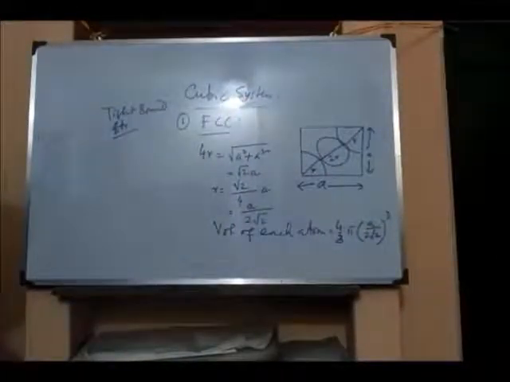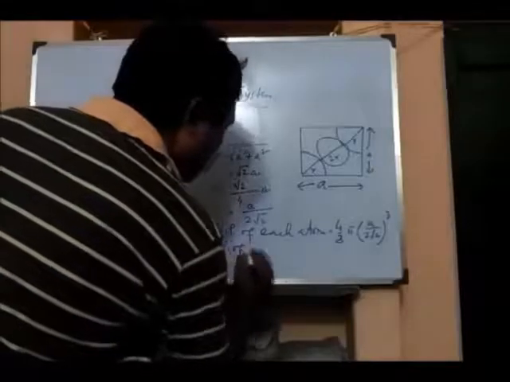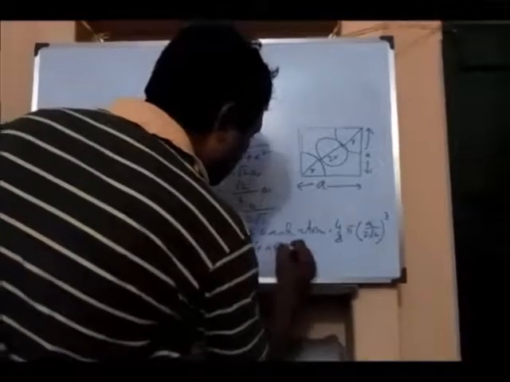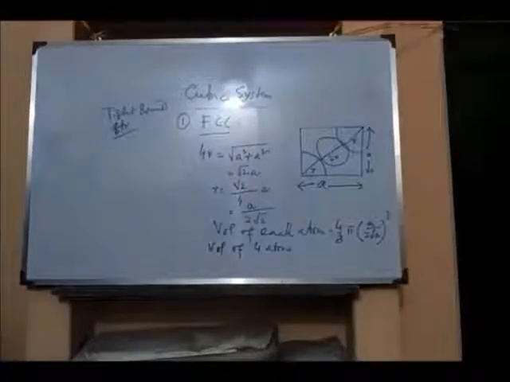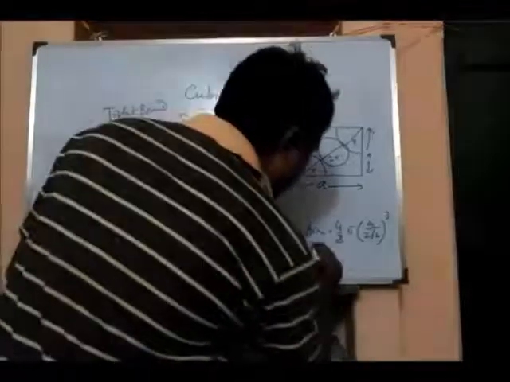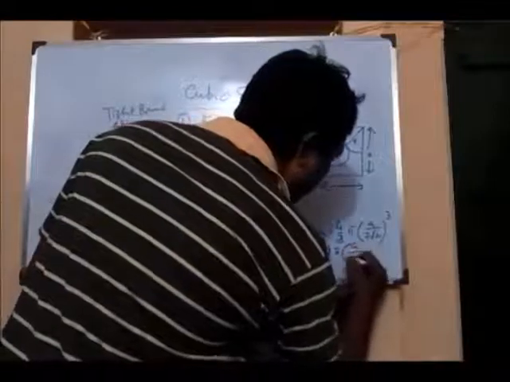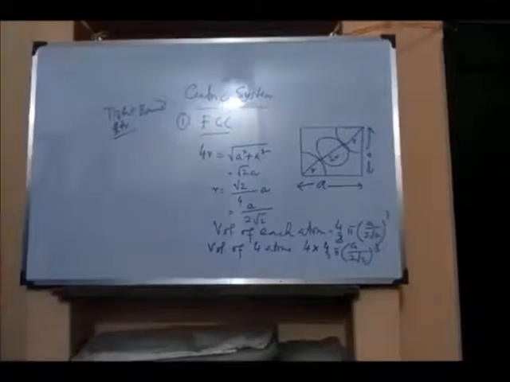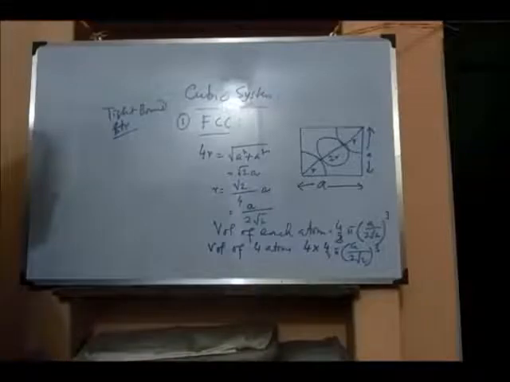Okay, and now the volume of 4 atoms, as there are a total of 4 atoms per unit cell, will be 4 into 4/3 pi a divided by 2 root 2 cubed, and this will be pi root 2 a cube by 6.